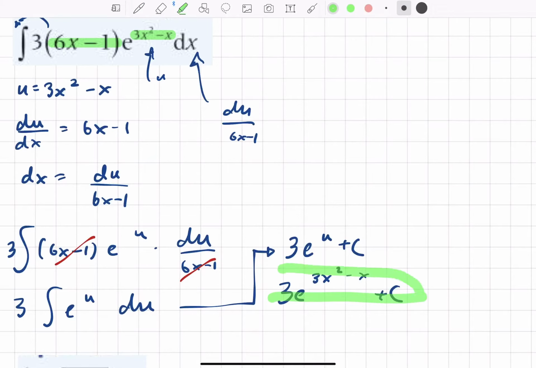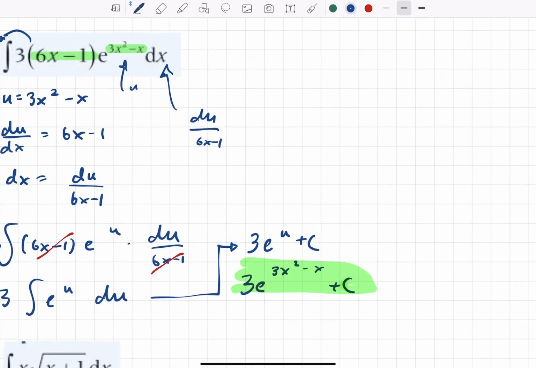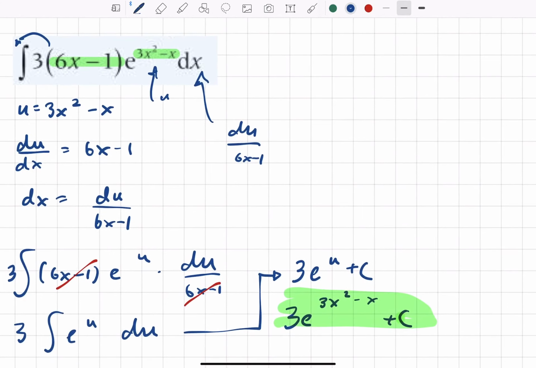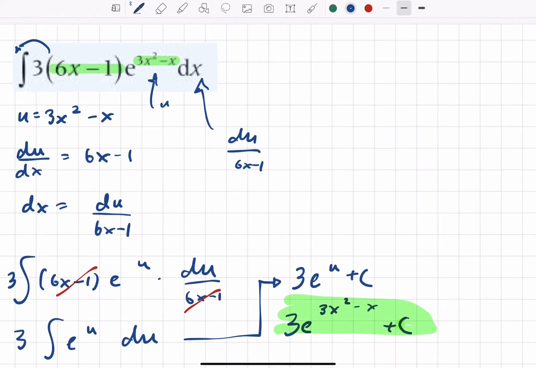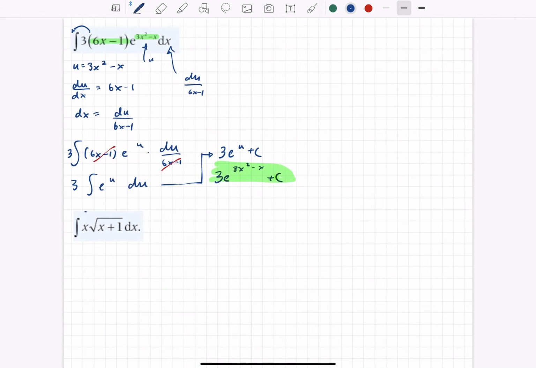So this is our answer. This just brings up a good point. Even when you see really long and maybe disturbing questions, just carry through with the regular principle of identifying a u, and making sure that your end integrand is only in terms of u so that you can properly integrate it.